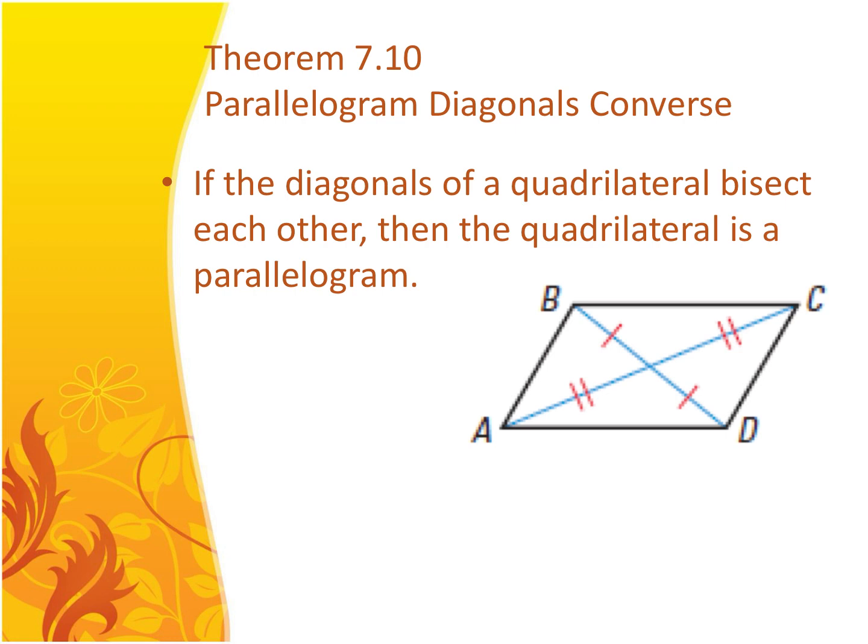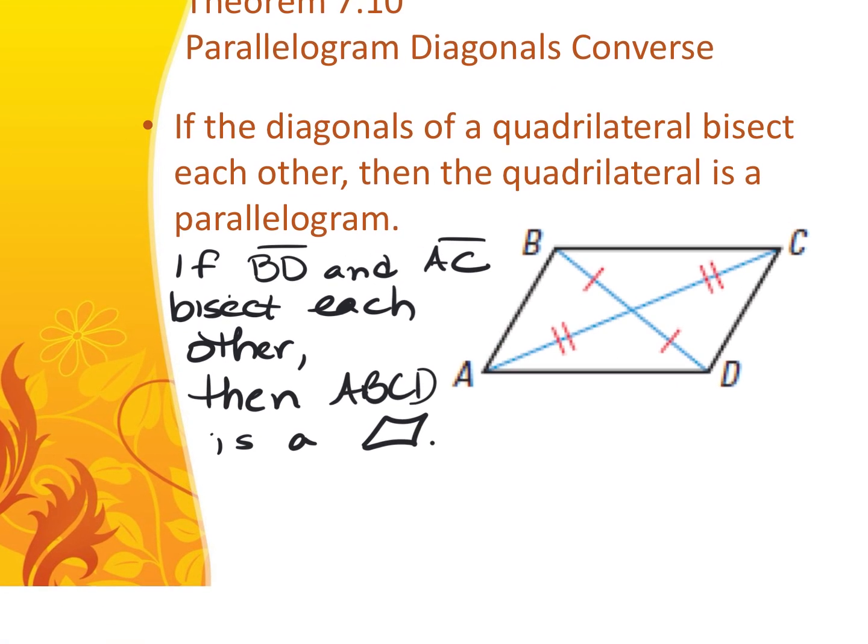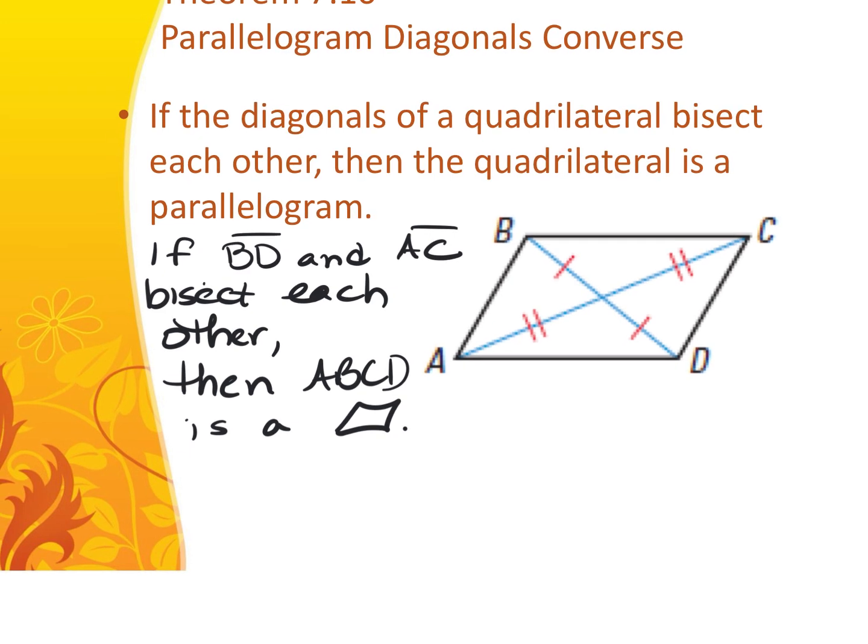So specifically in this picture, I can state that if BD and AC bisect each other, then ABCD is a parallelogram. And I can tell that they've been bisected because BE is congruent to ED, and I'm going to add an E in here.